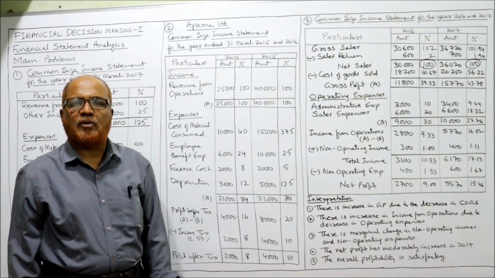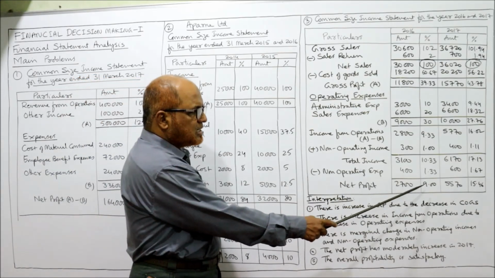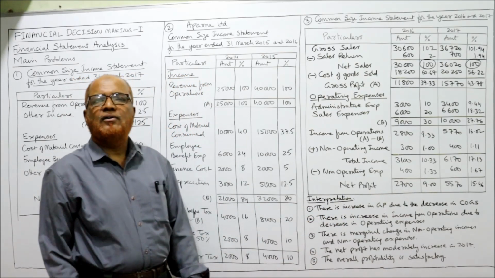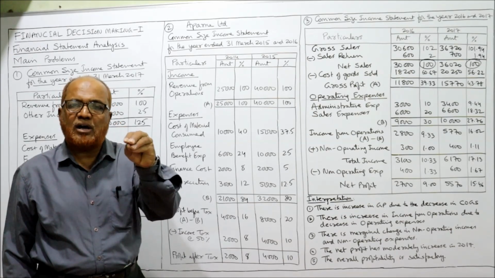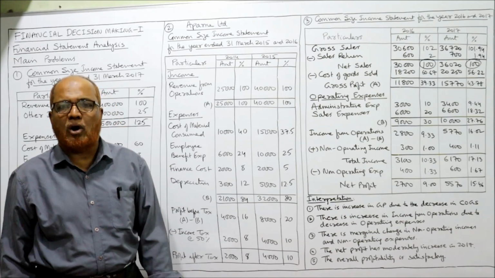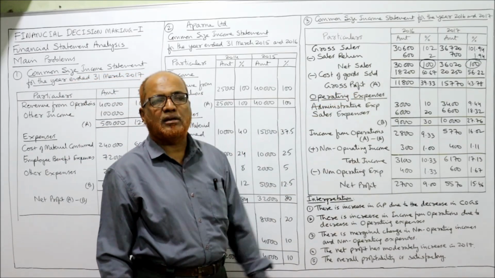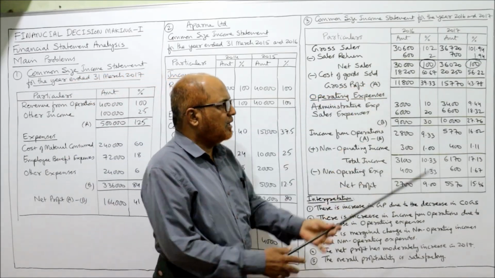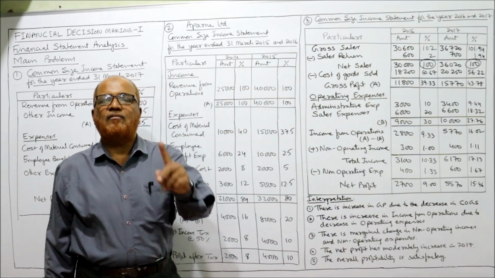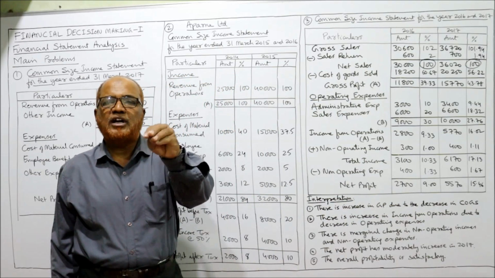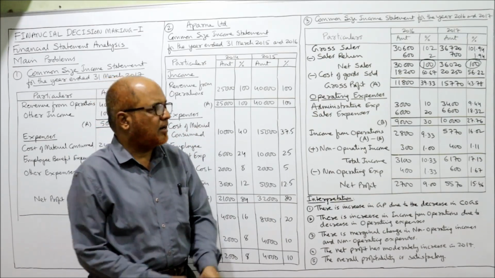Finally, net profit. The net profit last year was 9%. For every 100 rupees of sale, 9 rupees is the net profit the company got in 2016. And in 2017, the net profit is 15.46. For every 100 rupees of sale, 15.46 is the net profit current year.